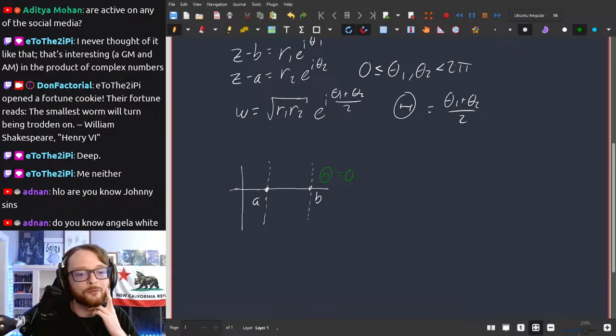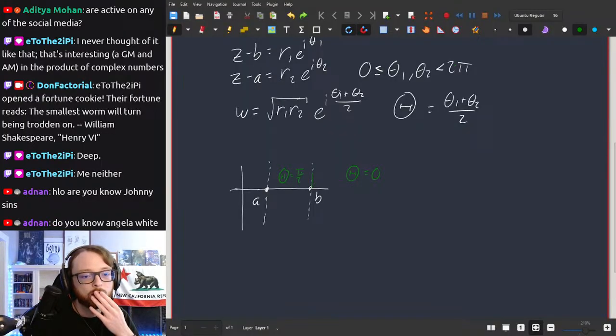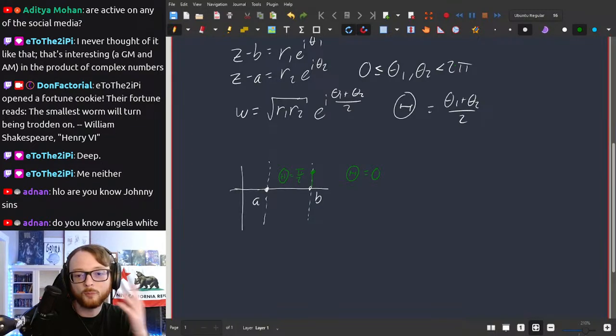So here's the thing. They say over here, this is where capital theta is pi over 2. But there is a point, maybe somewhere there. Oh, wait, it's divided by 2. So if I take a point right here, angle B is pi over 2.